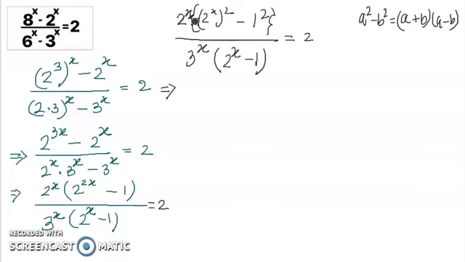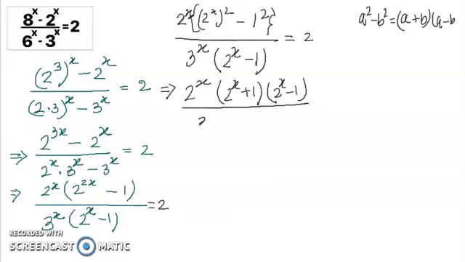So this part I am going to write as 2^x, it is already there, and (2^x plus 1) times (2^x minus 1) all over 3^x and (2^x minus 1) is equal to 2.